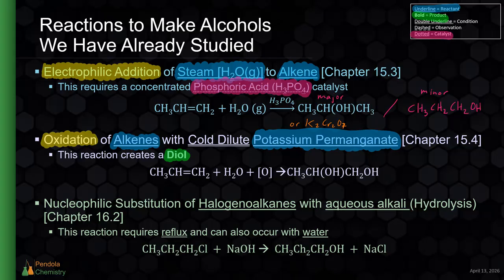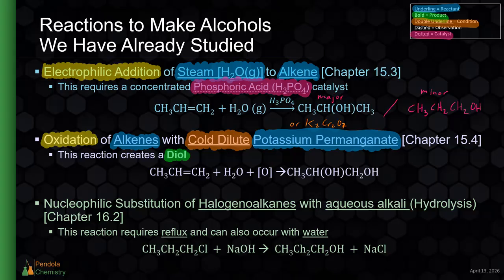So when this reaction happens, it needs to be in cold and dilute conditions, so not concentrated, not hot. The conditions are going to be cold and dilute, and that will create a diol. So here, for example, we have, again, the exact same alkene that we used before, propene, reacting with the O's in brackets. And remember, this represents our oxidizing agent.